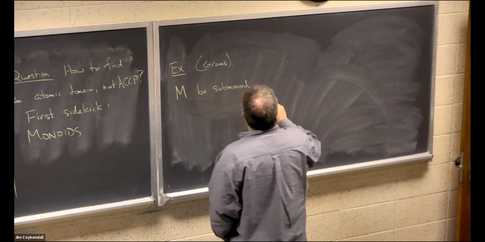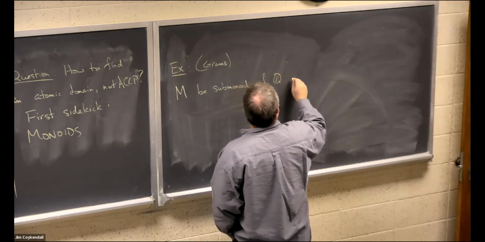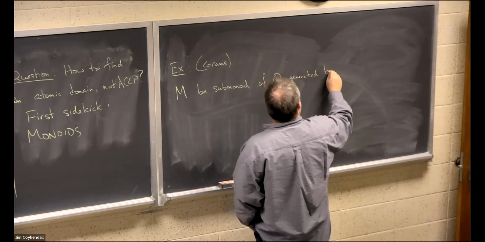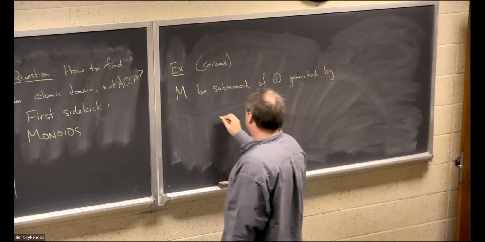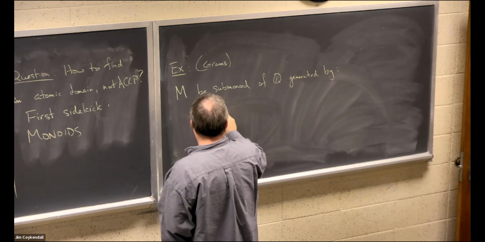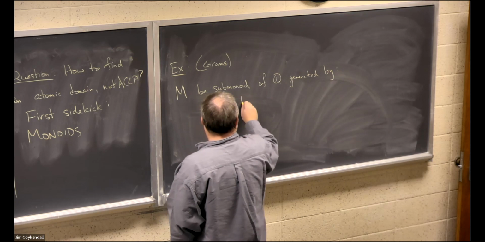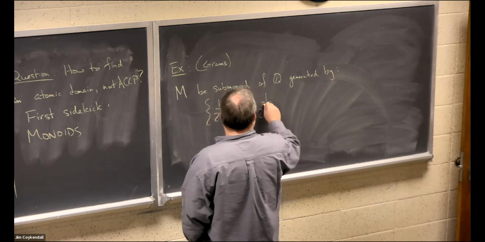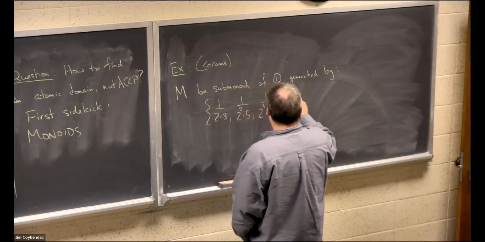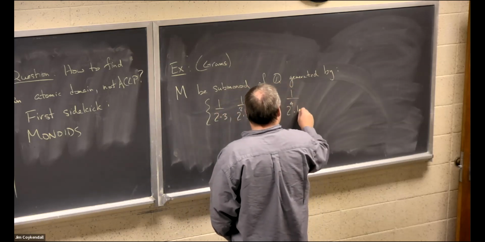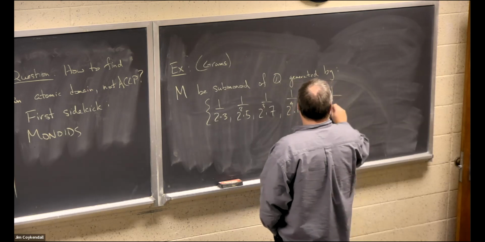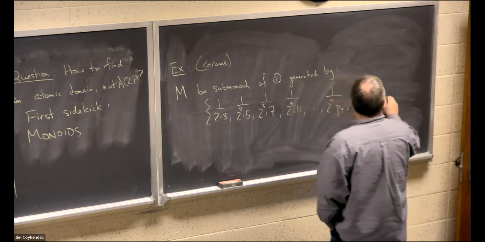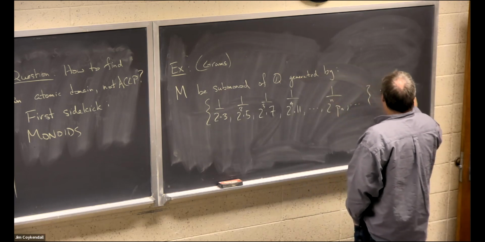Take M being the submonoid of Q generated by these elements.